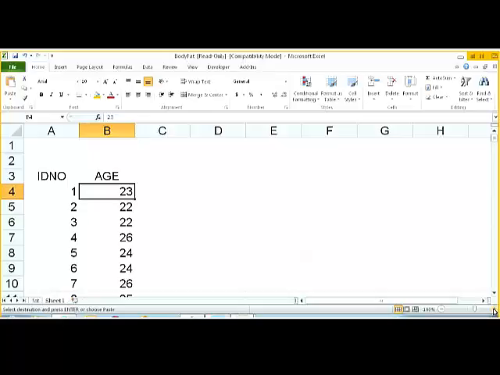So now I need to decide how I'm going to group the data. If I did it every 10 years, I would have 20 to 29, 30 to 39, 40 to 49, 50 to 59, 60 to 69, 70 to 79. So that's how many classes? 6 classes.